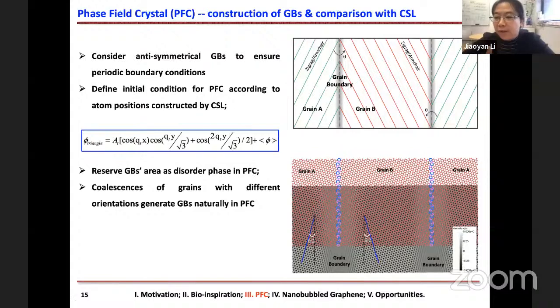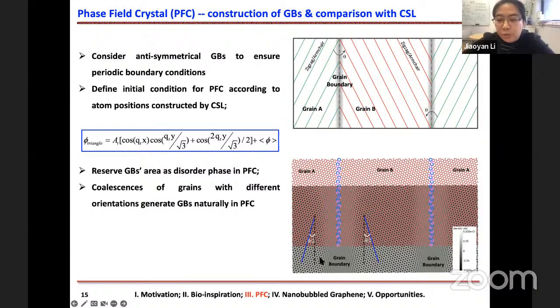Basically, we take the CSL structure as the initial condition for our phase field model, and then we let the system run to achieve the equilibrium state, so that we can identify the structure of the grain boundary area. Right now you can see that the top, red area is the information from the CSL, but the bottom, gray area is the initial condition for our PFC model.